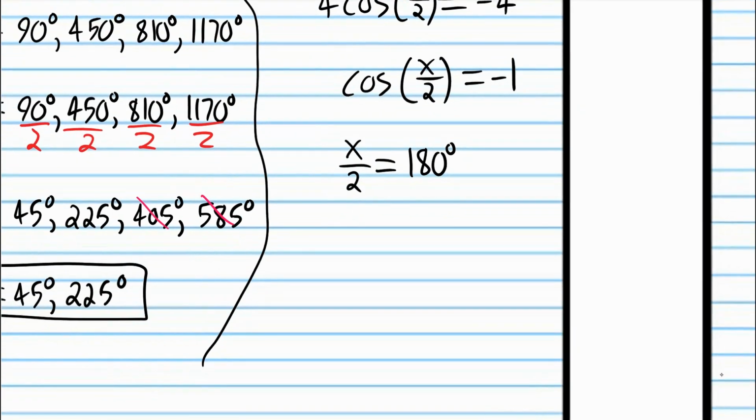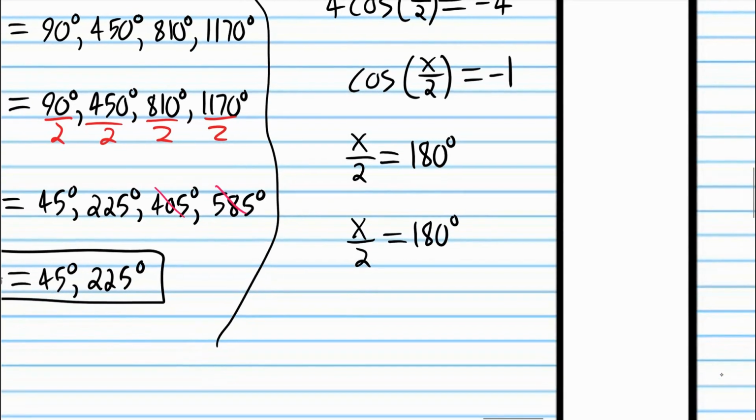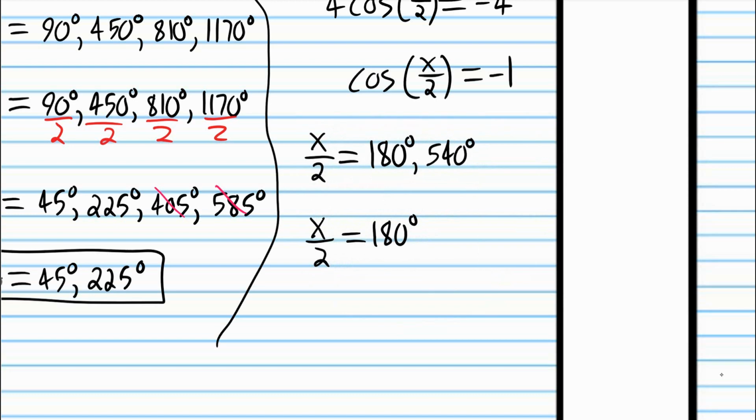But I don't think we need any more angles. Maybe I should write those other angles just so you can get a feel for what's happening here. 180 plus 360 is 540, and 540 plus 360 is 900.